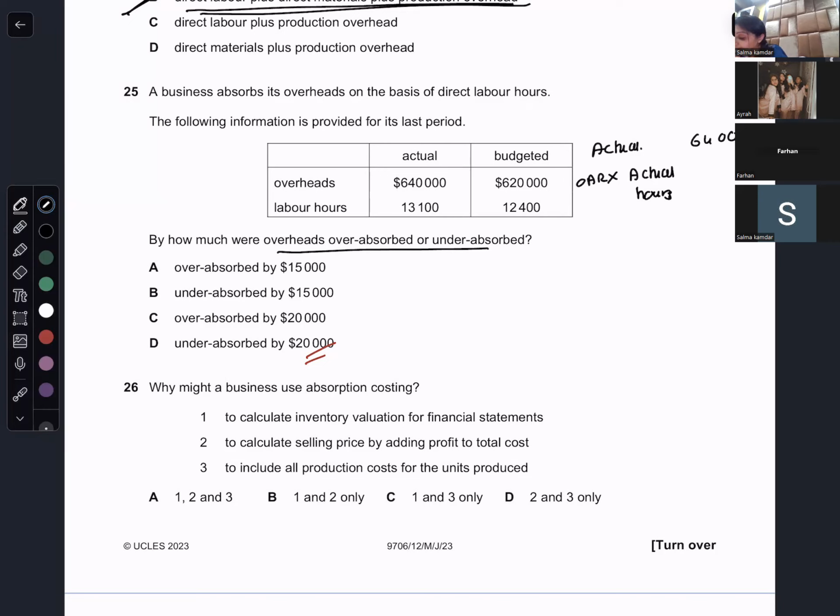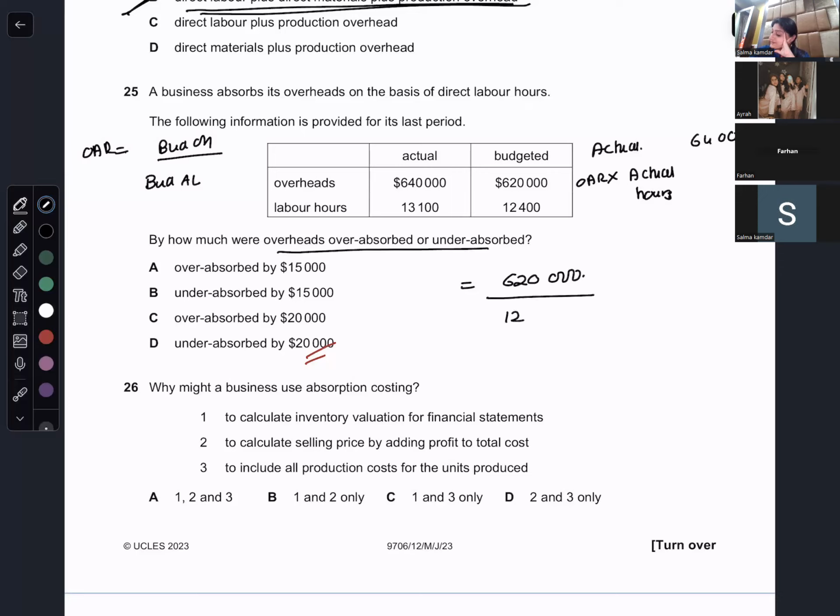I want some notes to be prepared. How do you get OAR? OAR is equal to budgeted overheads divided by budgeted activity level. What is the budgeted overheads? 620,000.